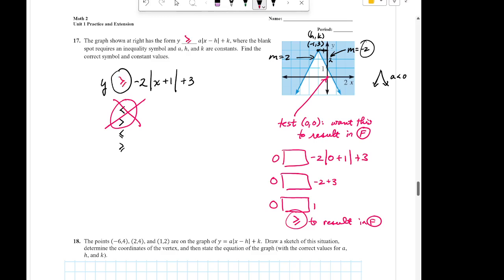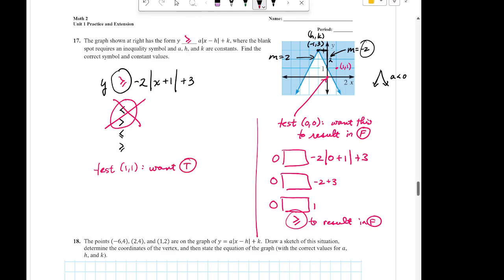Now, if you don't like that, that's fine. If you want, pick a point that's definitely on the true side and then just use that sign that you get, right? Because if we instead picked a point on the true side, like 1, 1, and we plug that in, so test 1, 1, and we want this to be true.